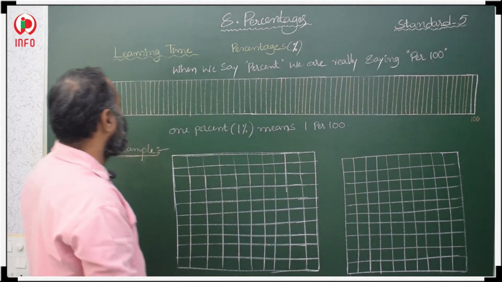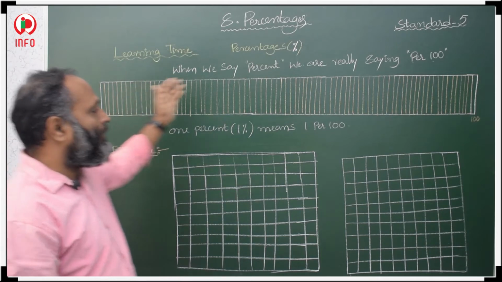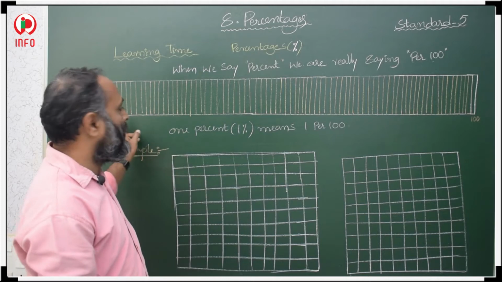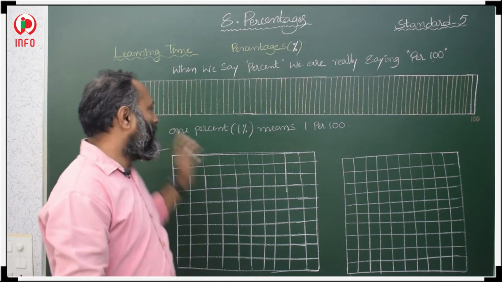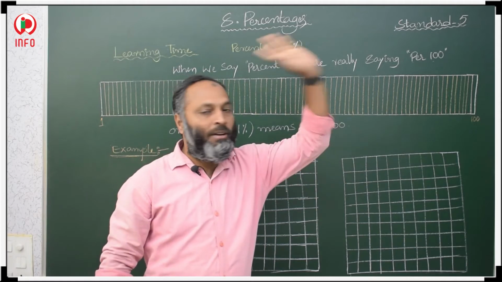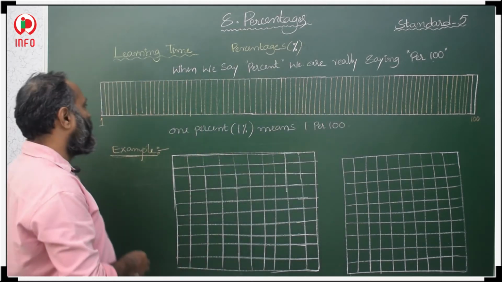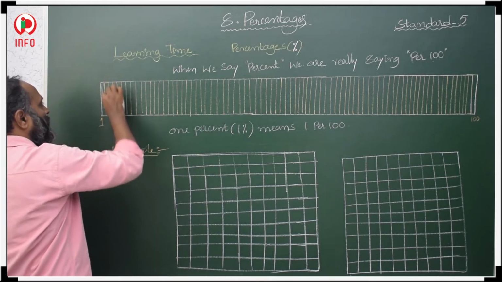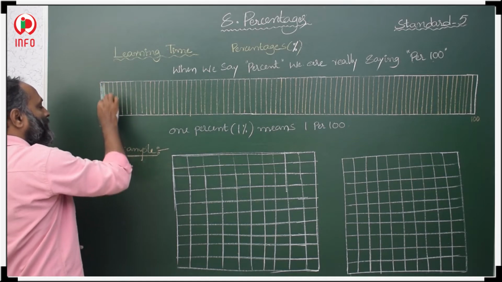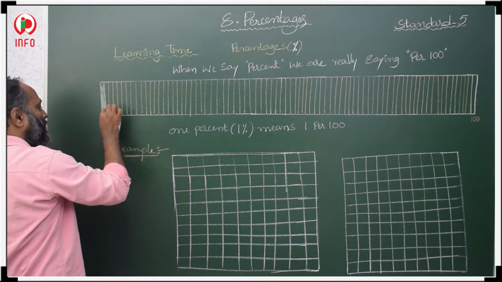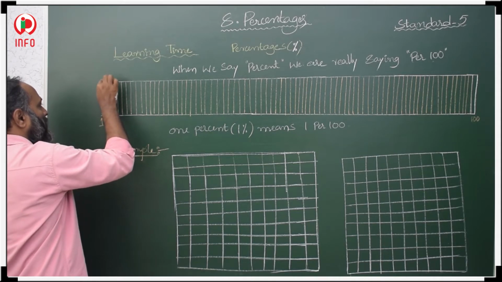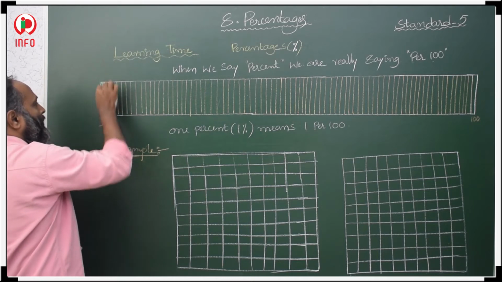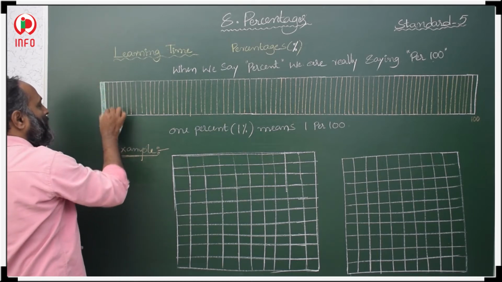Now, see here, 1 to 100, equal parts. We are dividing this into 100 equal parts: 1, 2, 3, 4, 5, 6, 7, 8, total 100 equal parts are there. If we shade one part out of 100, what percent have we shaded?